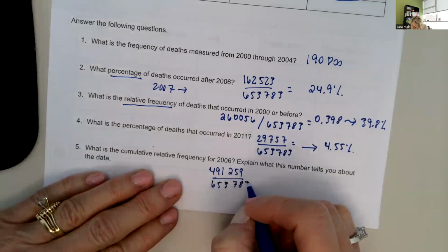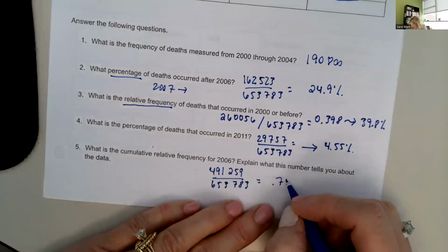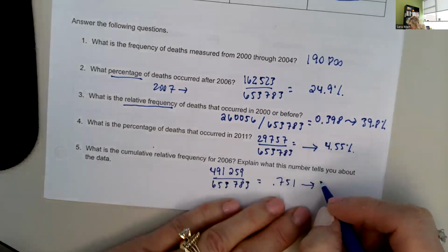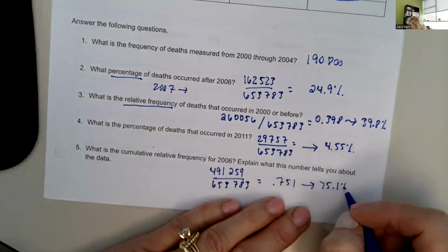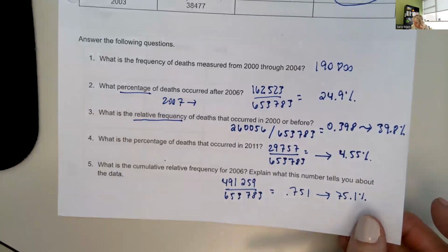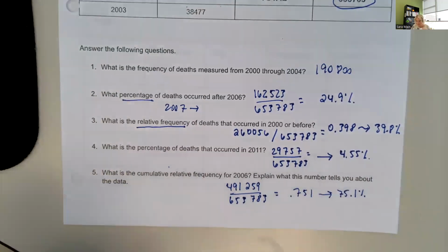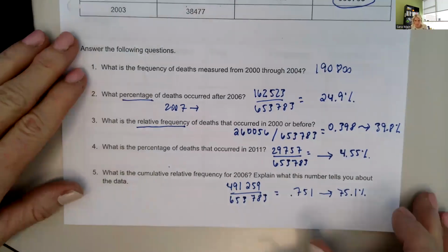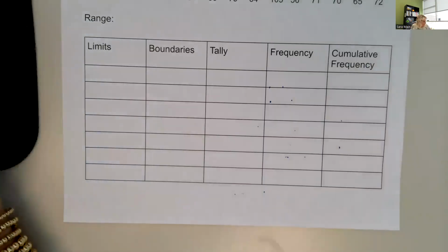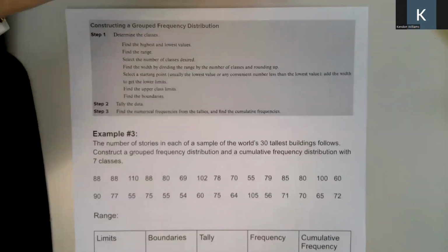And that comes out to be 0.751 or 75.1%. And then the last problem here is constructing a group frequency distribution.